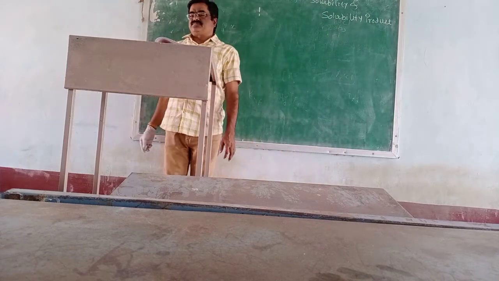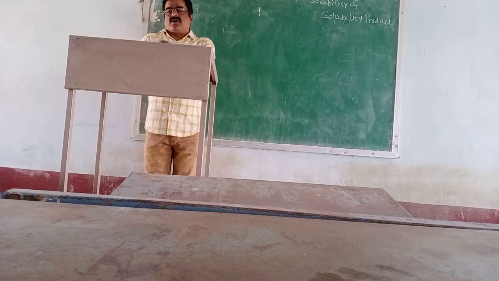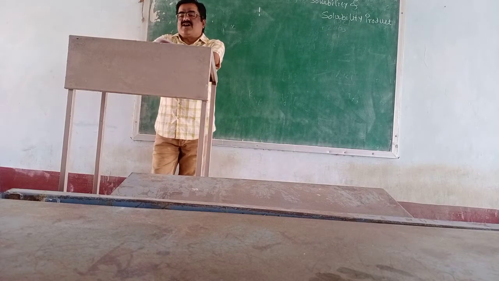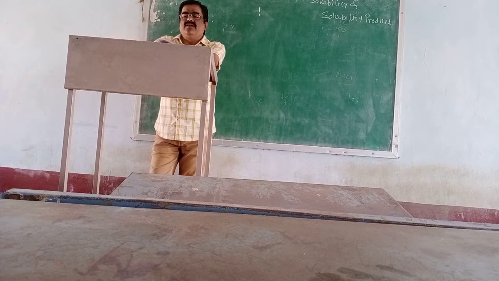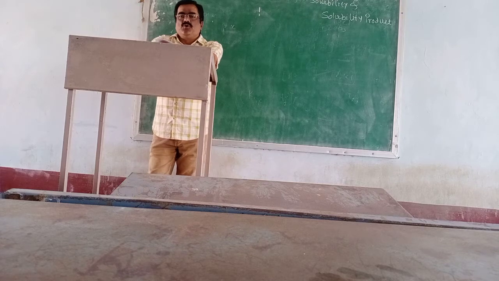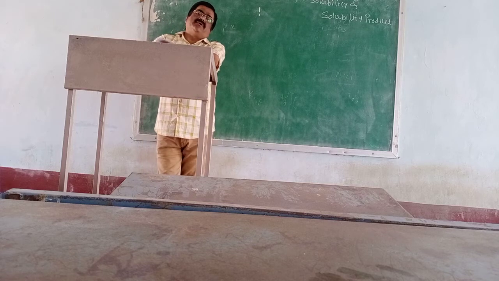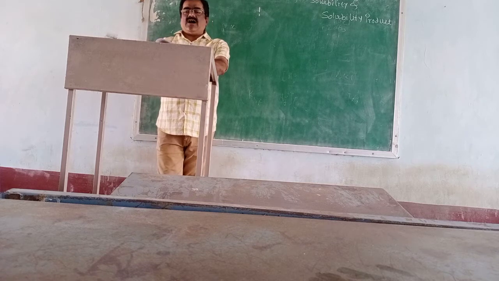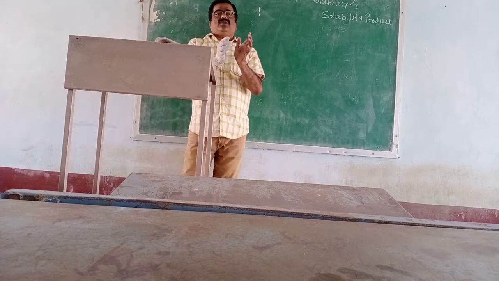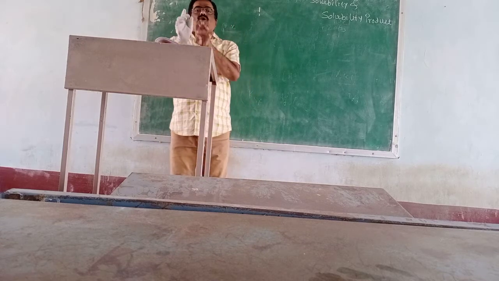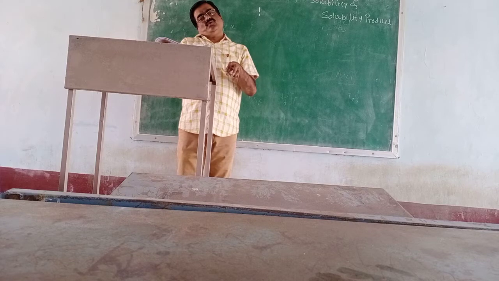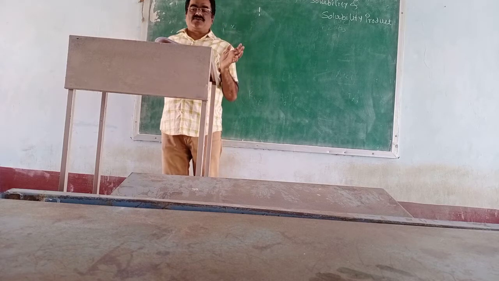In this, the solubility of a compound is the amount in grams that dissolves per liter, per unit volume, is called the solubility. Solubility म्हणजे काय? जिथे एखाद्या कंपाउंड पर युनिट वॉल्यूम मध्ये किती डिसॉल्व होतो that is called as the solubility.